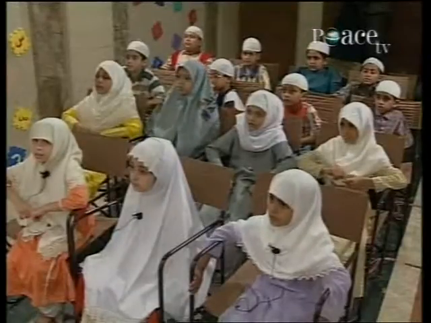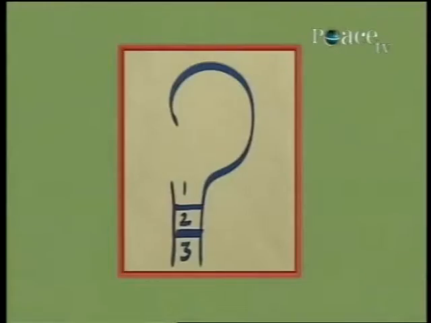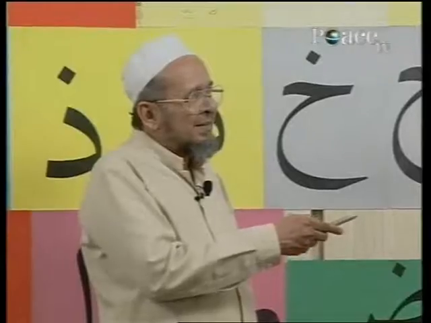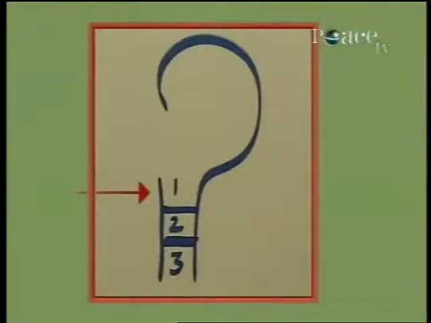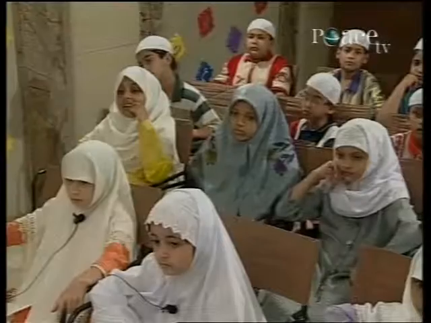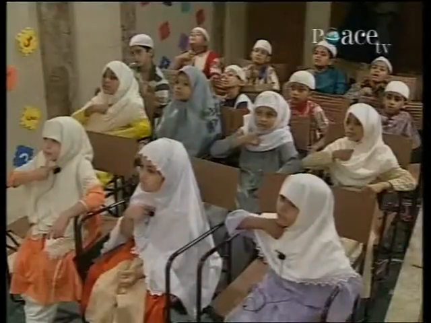If you look carefully at this figure, this is the gutter, and it is divided into 3 parts: 1, 2, and 3. Take your index finger and put it on top of the gutter, then at the middle, and then at the end.